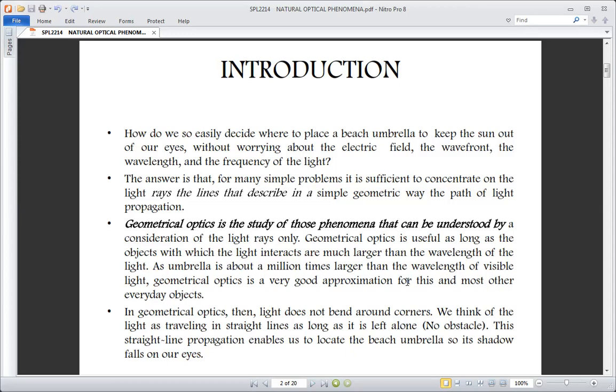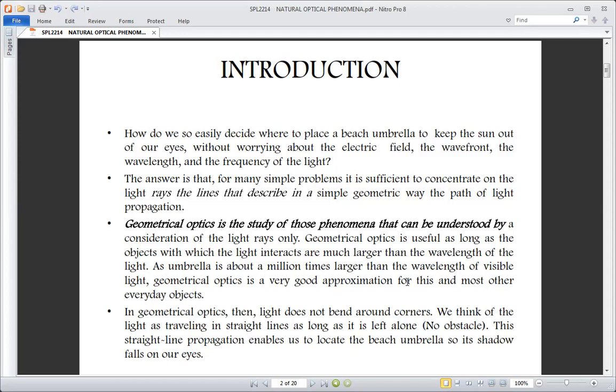Now, you would want to perhaps imagine that when you are on a sunny beach and you have an umbrella, you probably do not consider light at that point in terms of wavelength, frequency, and so on. All that you want to do is to put the umbrella up there so that it prevents rays from reaching your body.